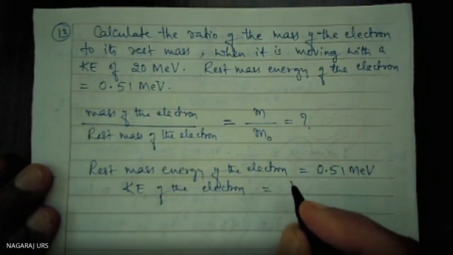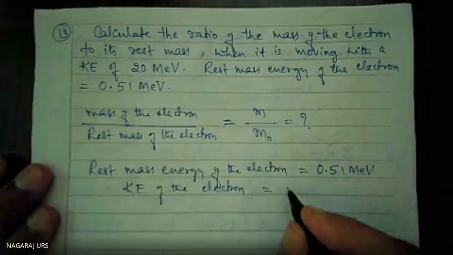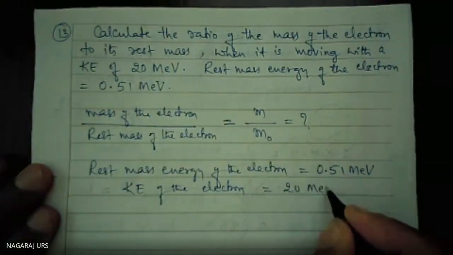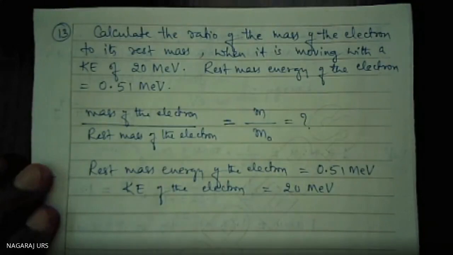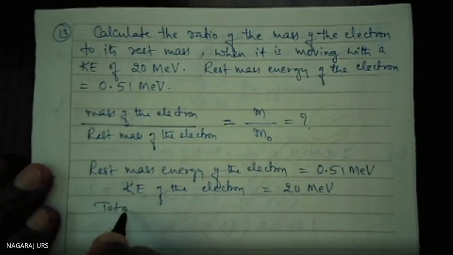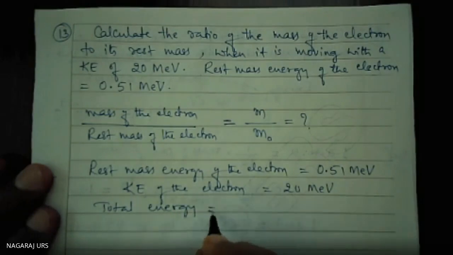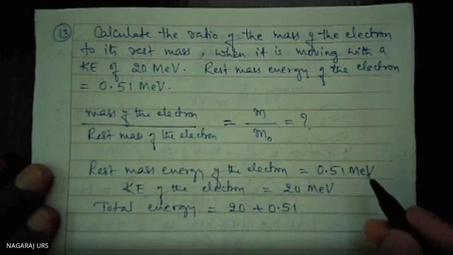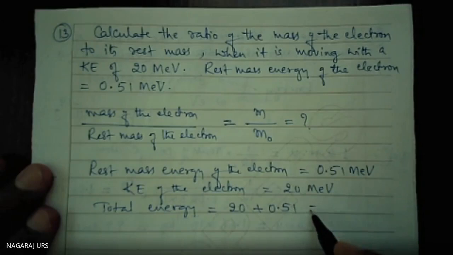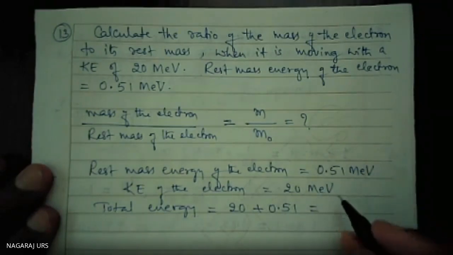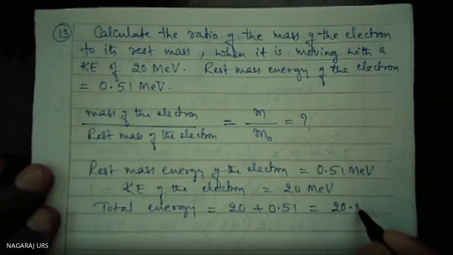Kinetic energy of the electron is 20 MeV. How much is the total energy? Be careful, if it is given in terms of kilo electron volts, you have to convert and then add it. Here no problem, units are same. MeV and MeV, we can add it very easily. 20.51 MeV.